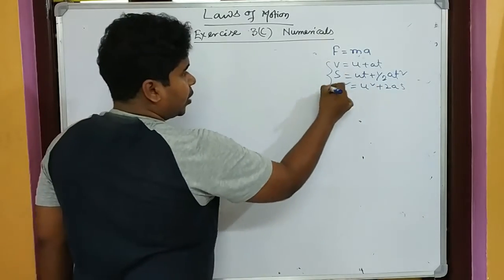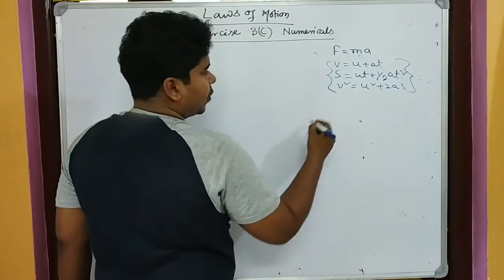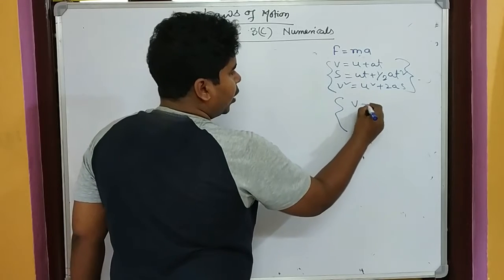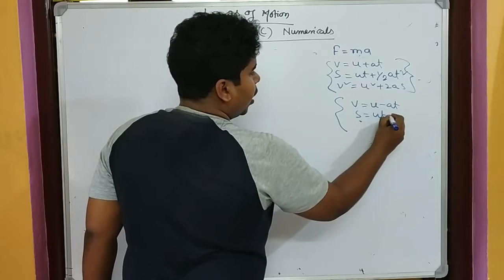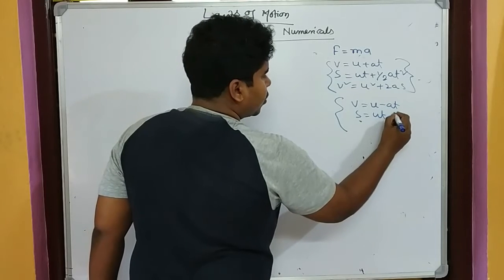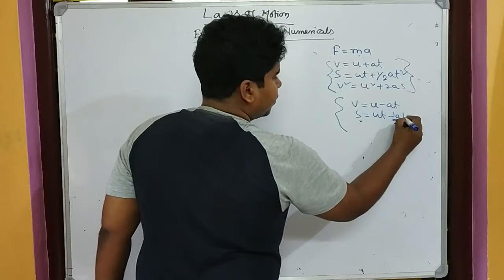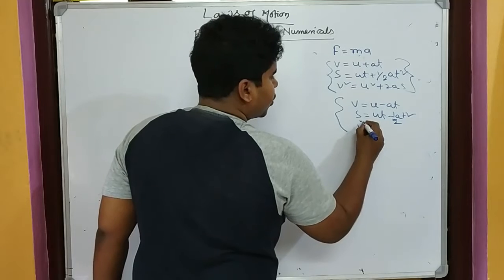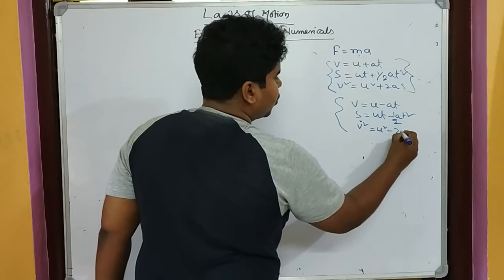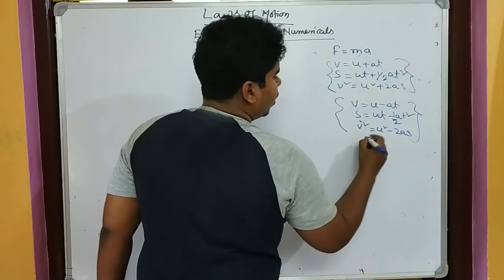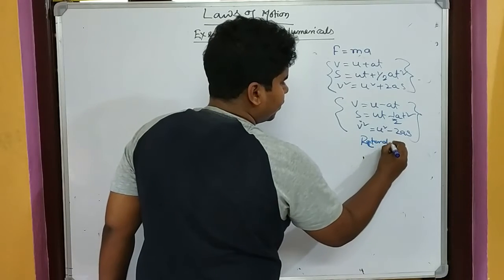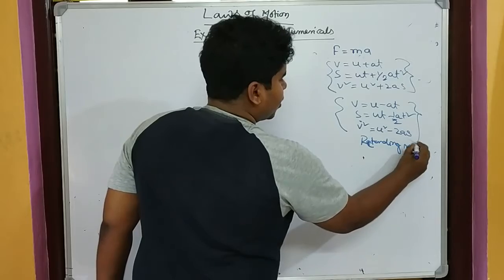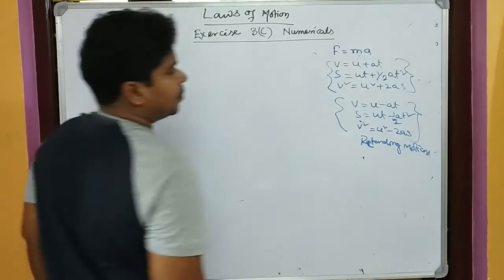That is for accelerated motion. For retardation, v = u minus at, s = ut minus half at square, and v square = u square minus 2as. That is for retarding motion. So we have to use these equations here.